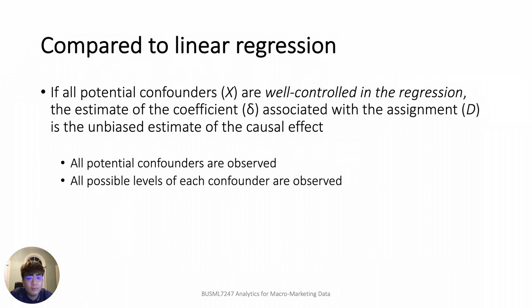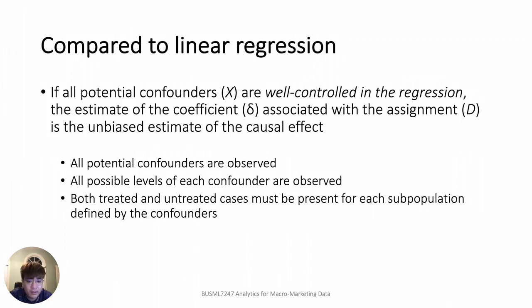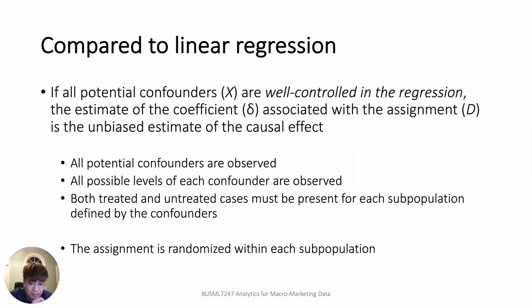Second, all possible levels of each confounder should be observed. Third, both treated and untreated cases must be present for all of the subgroups defined by the confounders, which is the overlap condition. And last, the assignment should be randomized within each subgroup, which is the CIA.